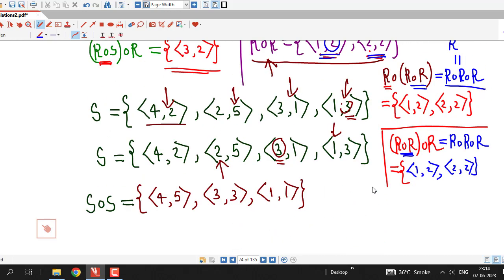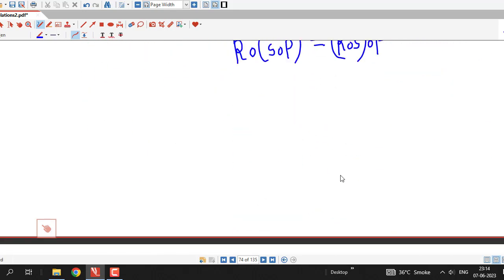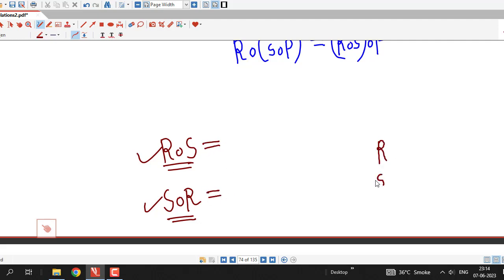So this is all about this session, and again be careful, some authors use different notations. They use R composite S or S composite R for the composite of relations, and we know that composition is not commutative. So in an exam on this topic, my suggestion is that you find both relations.